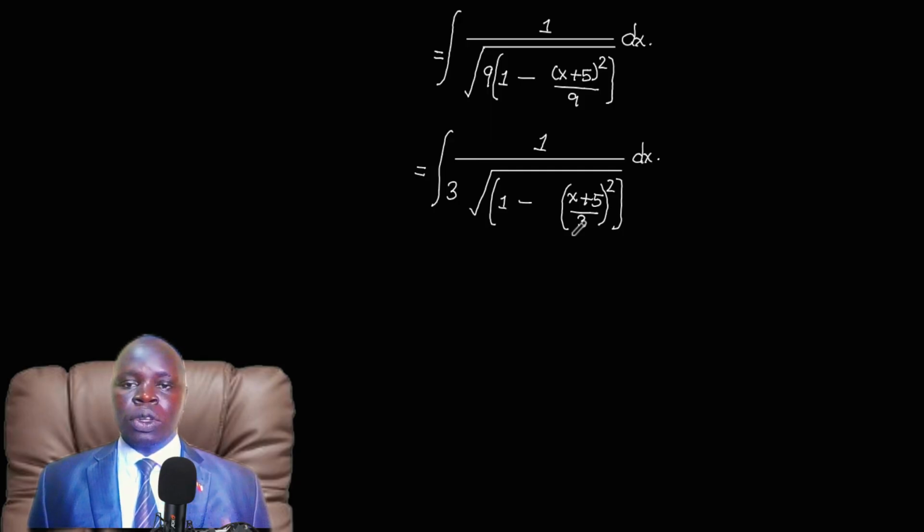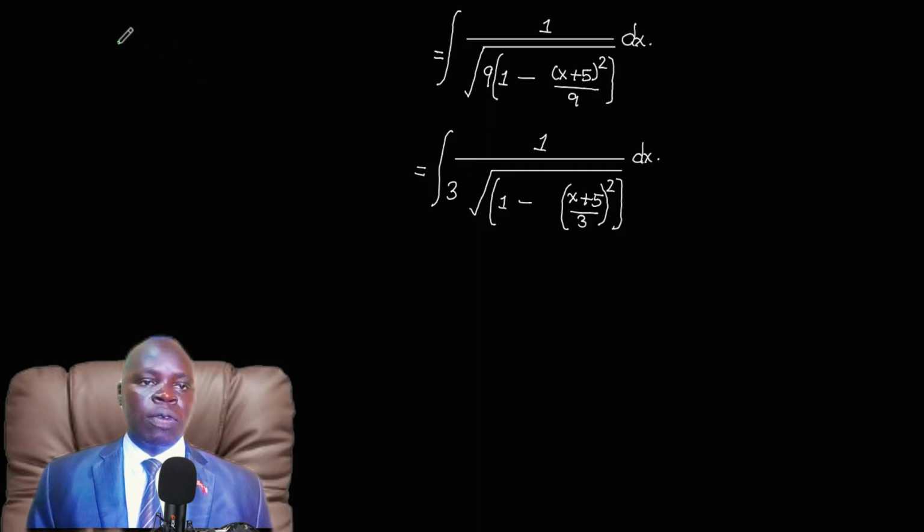Again, you can use cos substitution, still the same thing, and let's move on to it here. So sine theta is equals to x plus 5 over 3.